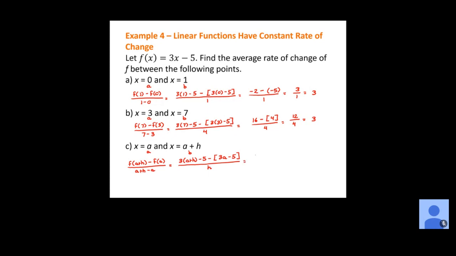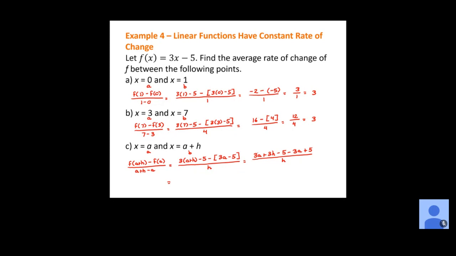All right, now if we distribute here, that's going to give us 3A plus 3H minus 5. And we can distribute the negative to everything in the brackets there. So it's going to be minus 3A and positive 5 all over H. And then I'll continue down here.